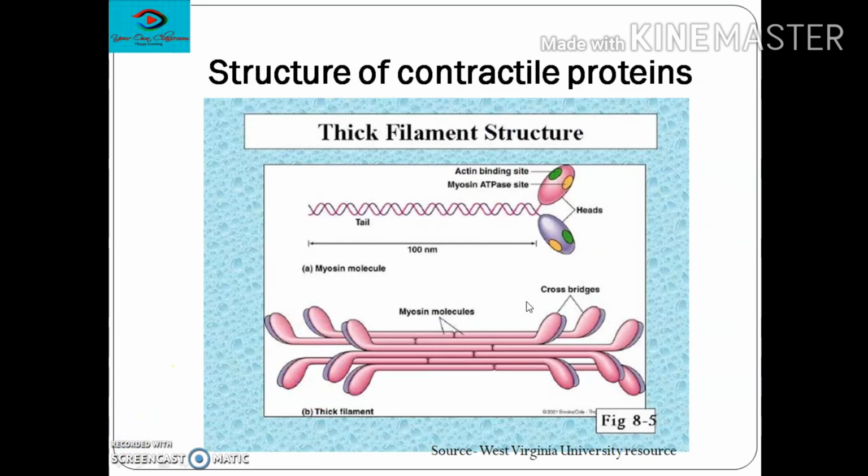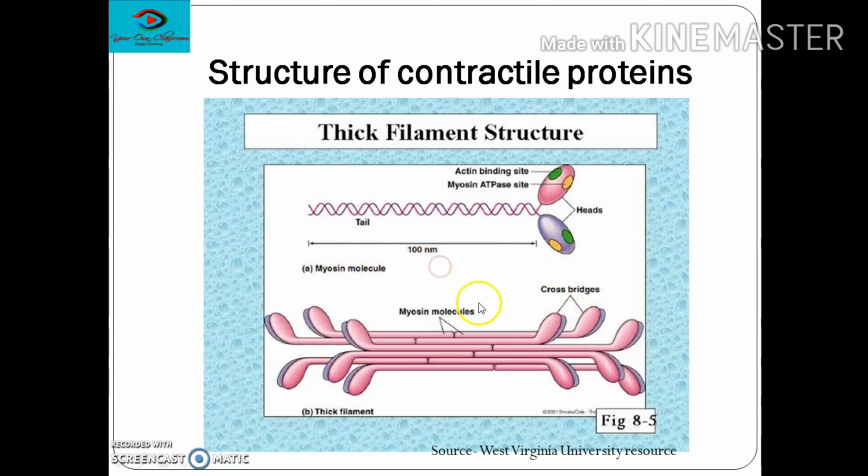Unlike the thin filament, the thick filament is made up of just one protein, and that is myosin. As you can see, it has a tail-like structure here, which is approximately 100 nanometers, and then there is a head. These heads, when oriented in a snake hood-like manner, are also referred to as cross bridges.